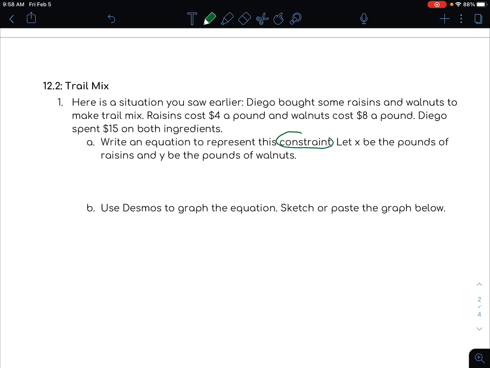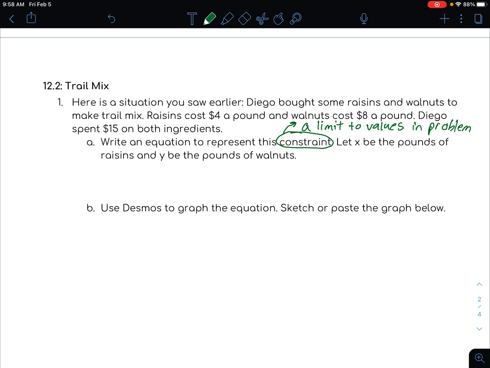All right, we are using this word constraint again, and we talked about that earlier in the unit, but it may have been a while. So remember, a constraint is essentially a limit to the values in our problem. So we have to think about what is a reasonable value and what is a limit to a value.